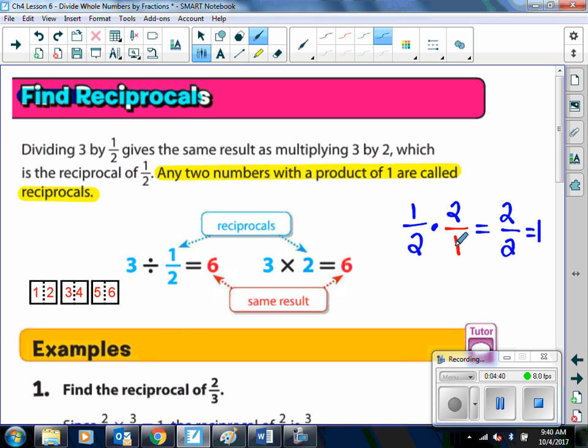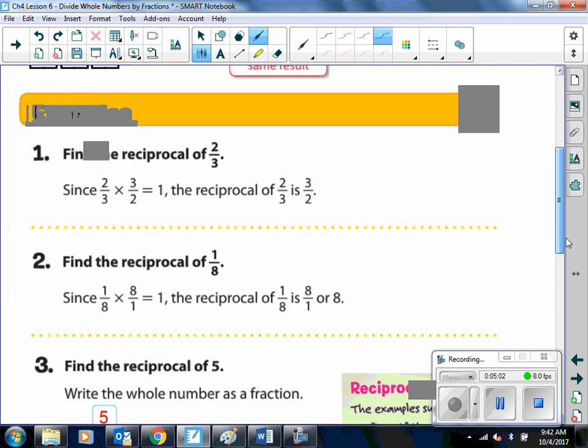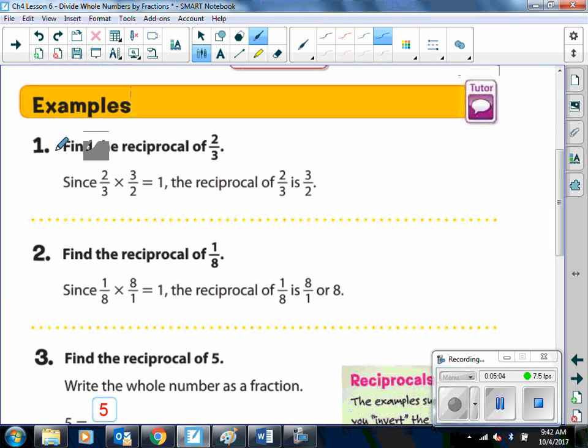Does everybody see that? So what do you think happens with the reciprocal? In order to get the reciprocal of a number, all you have to do is flip it, right? And if you had a whole number, you just put it over 1 and then flip it, right? So, for example, here's example 1 and 2.